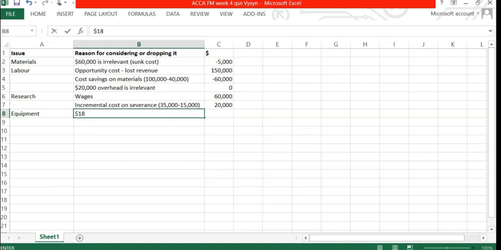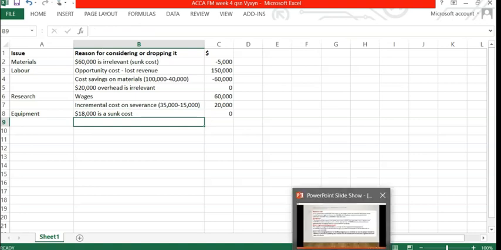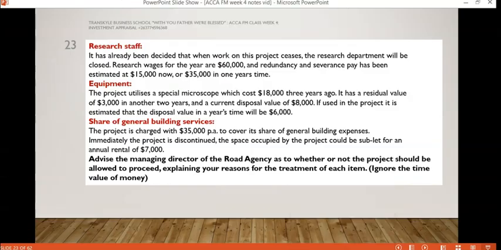$18,000 is a sunk cost. All right, what about the other one? It has a residual value of 3,000 in another 2 years.